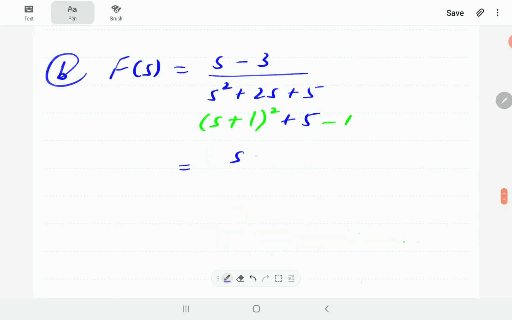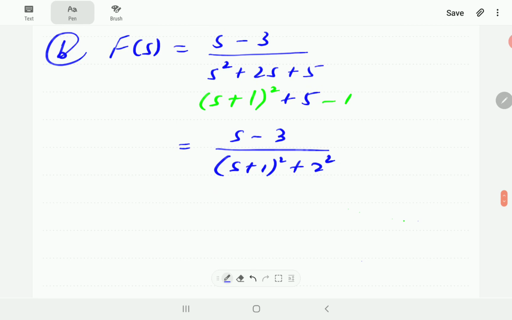So then the numerator is still s minus 3. Denominator simplifies now to s plus 1 squared plus 4. This 4 is the same as 2 squared, so we can write this as 2 squared.